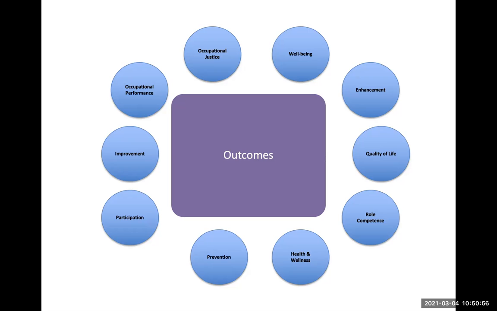So instead of that, we're going to relate it to occupation and maybe say through OT intervention, Mr. Jones will complete his cooking routine to prepare a meal safely, demonstrating adequate balance, something more like that. So see how it's really kind of the same thing, but it's a much prettier frame.